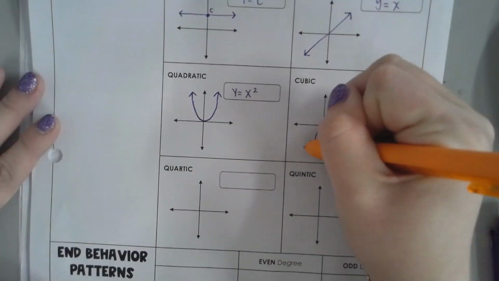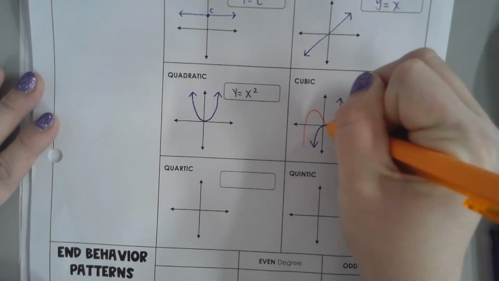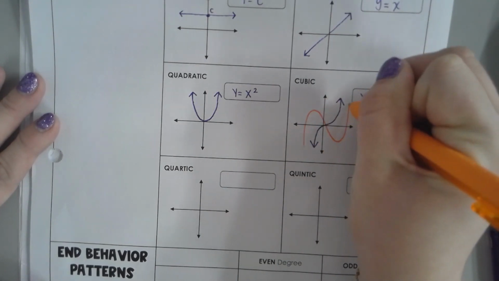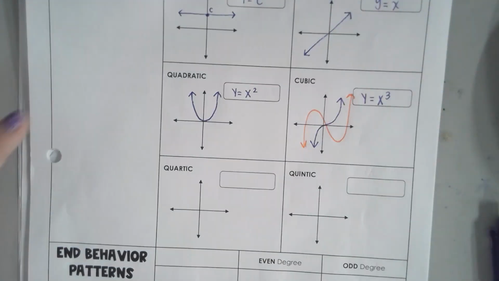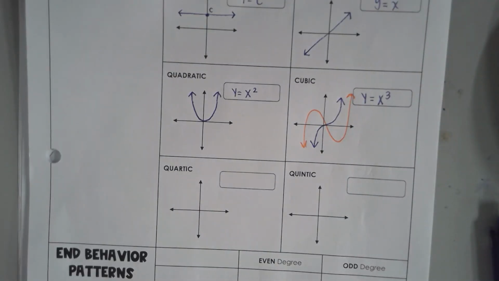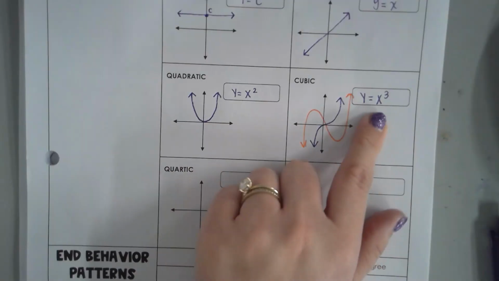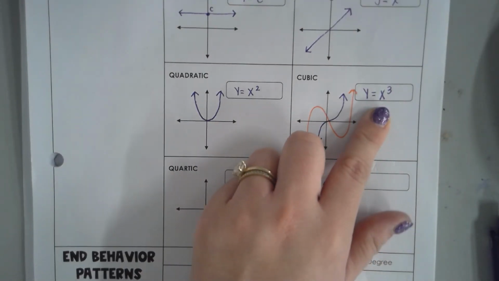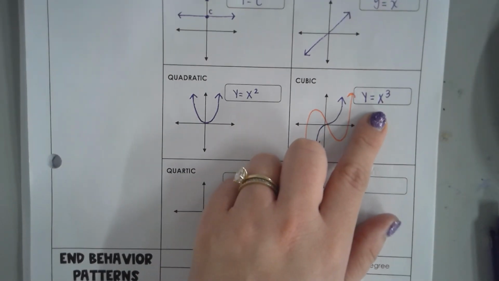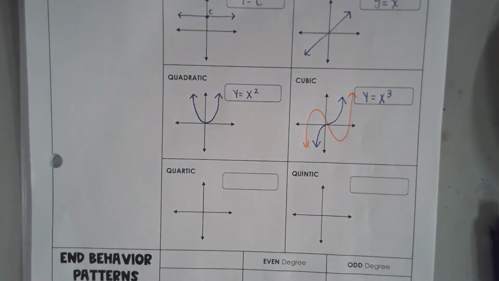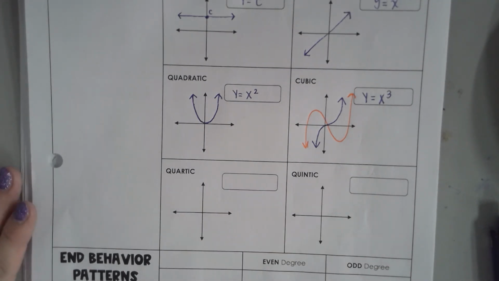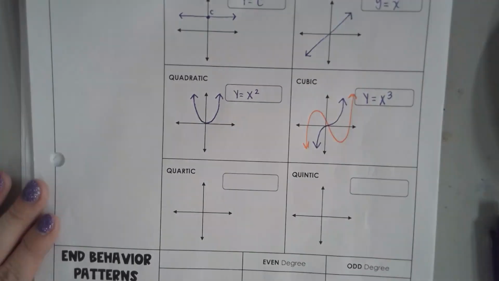So you might see a cubic more like this, where it goes up and down a little more dramatically. What's the difference? Anytime you add something, like x cubed plus 5x squared minus 7, anything that's added on to the cubic could change that. But just plain old y equals x cubed is this purple one.